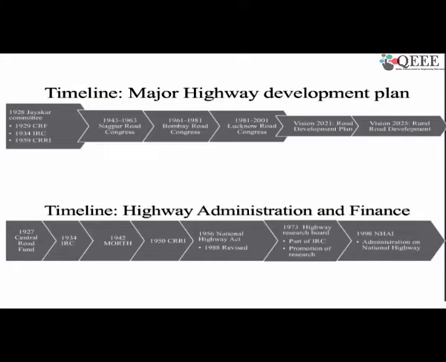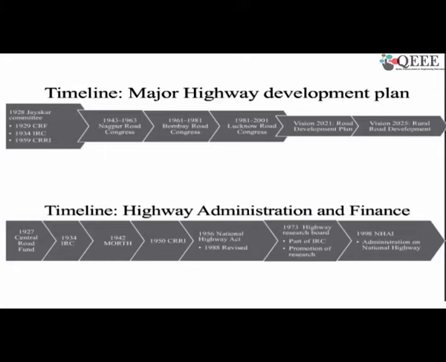This is why they started the Central Road Fund, which started in 1927, and it was actually suggested by the Jayakar committee. Once it started, we formalized how the money is going to come in, how it is going to be used, and how it is going to be taken forward.